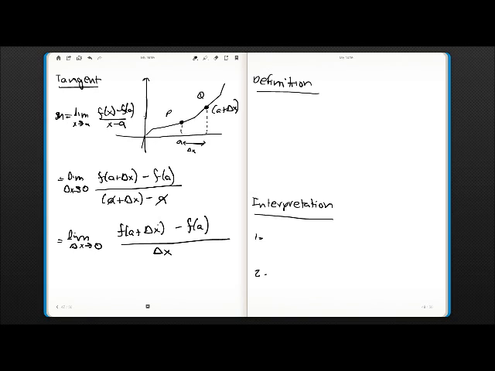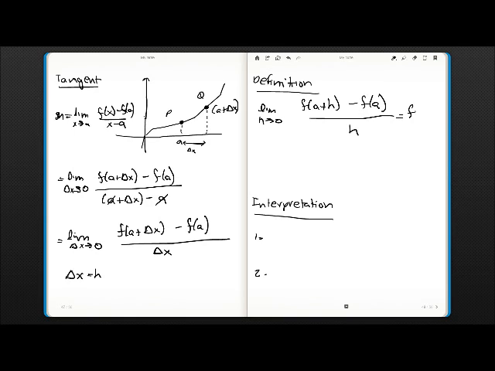Delta x is kind of too long, so we can simplify it by letting delta x equal h, and this will give us the definition of derivatives, which is the limit as h approaches 0 of f at a plus h minus f at a all over h. We usually make it equal to f prime at a.